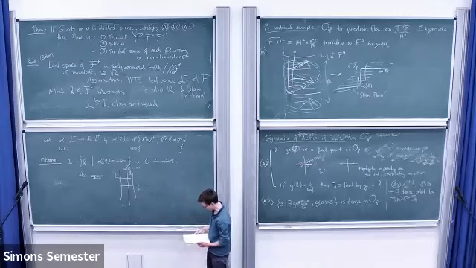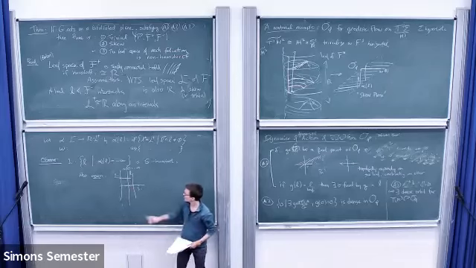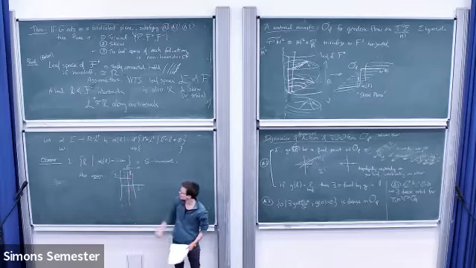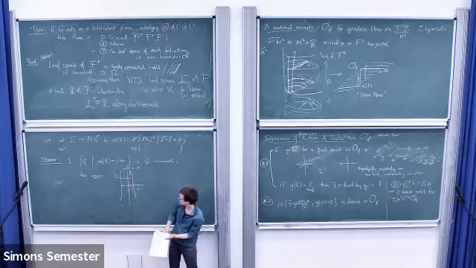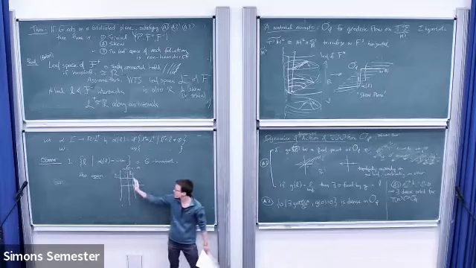And I claim that everywhere in between, every leaf that passes through here, I'll make this close enough so that I get a kind of product region inside this box. Every leaf that passes through this product region actually has alpha equal to minus infinity.